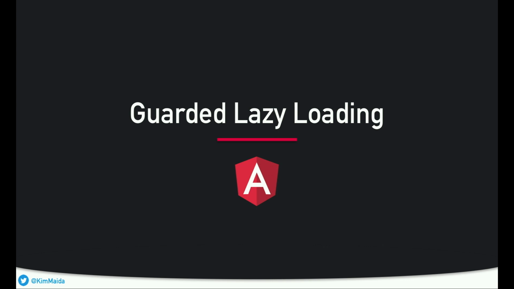Now, we can also do guarded lazy loading, and this is when, again, we asynchronously load sections of our application only for authorized users. So it still holds true that you wouldn't really want to put sensitive data directly in your app bundles regardless. Sensitive data belongs on the API. But with guarded lazy loading, you do get the benefit of smaller bundle sizes, for example, as well as some added protection.